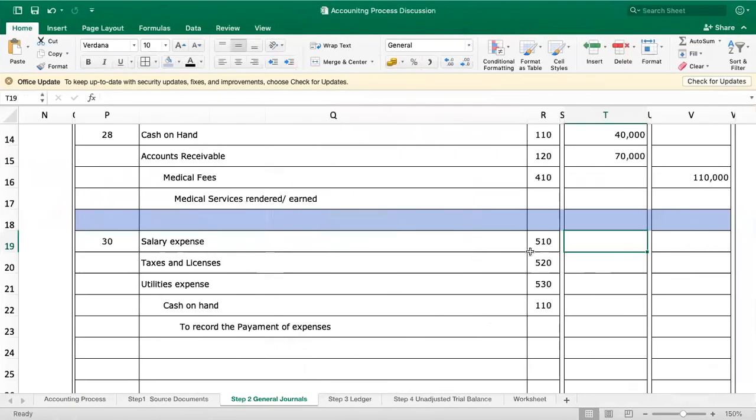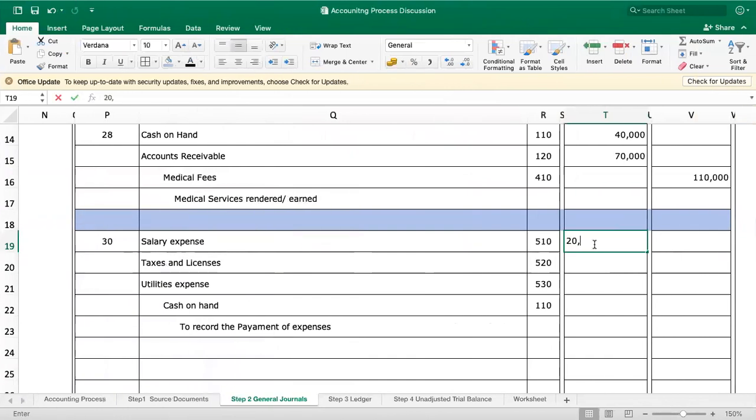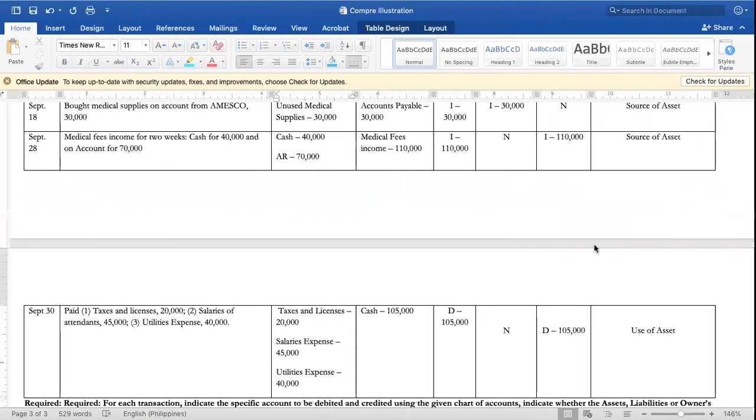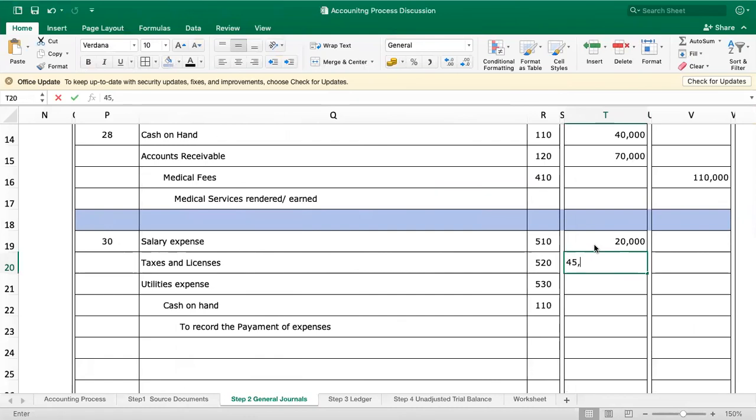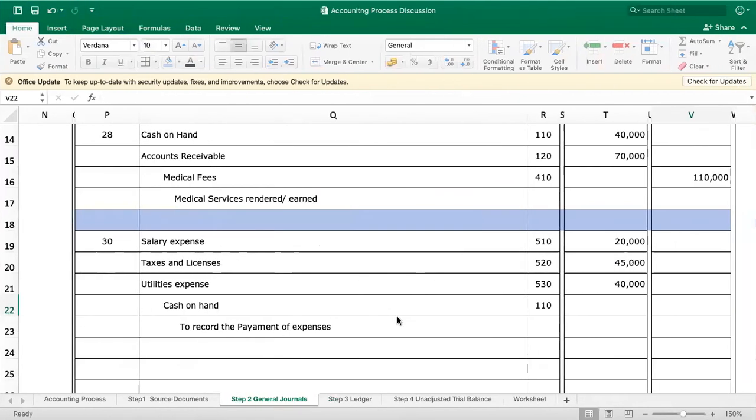So this is 20,000, 45,000 and 40,000. Therefore, the total credits, that's 105,000. So here on September 30, we have credited cash on hand 105,000.